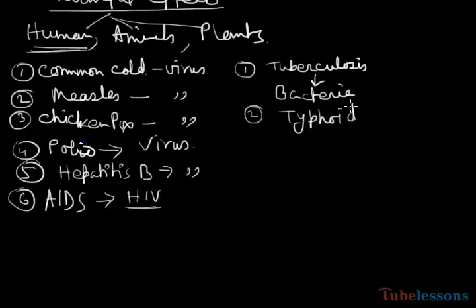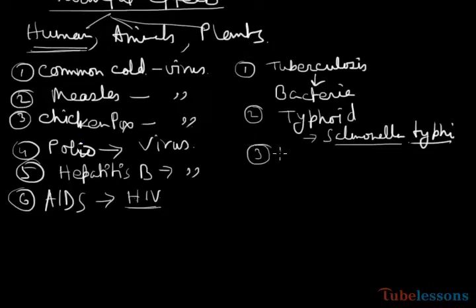It's also a bacterial disease, and the name of the bacteria is Salmonella typhi. Number 3, leprosy. Leprosy is another bacterial disease of humans. These are the diseases caused by bacteria.